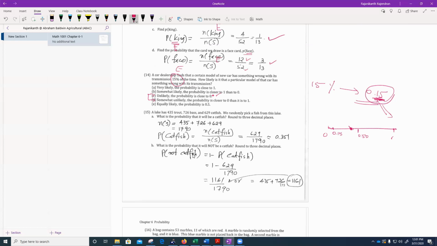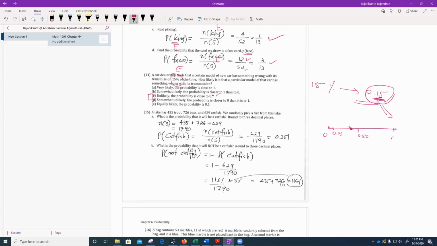Okay, 15. A lake has 435 trout, 126 bass, and 629 catfish. So there are 3 varieties of fish in the lake. We randomly pick a fish from this lake. What is the chance of getting that fish as catfish? Understand the question?